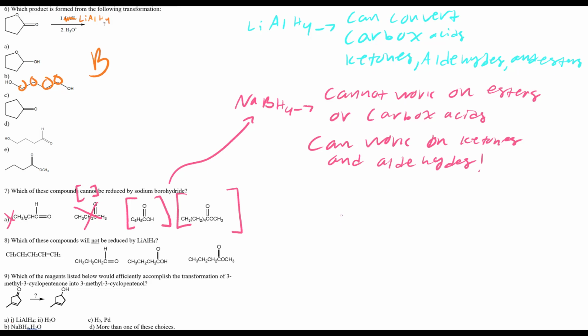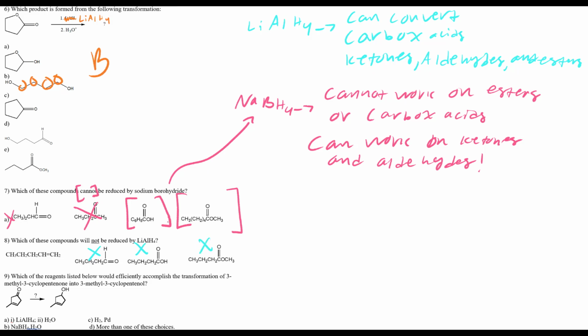Okay, well, the only thing that won't be reduced by lithium aluminum hydride is something that doesn't have an oxygen. So remember that over here, this is an aldehyde, which is pretty good. So this is wrong. This is a carboxylic acid, which is also good. It'll make that into an alcohol. So that's wrong too. Over here, we have an ester group, and lithium aluminum hydride can really work on ester groups.